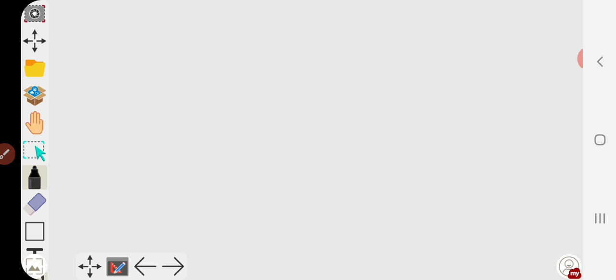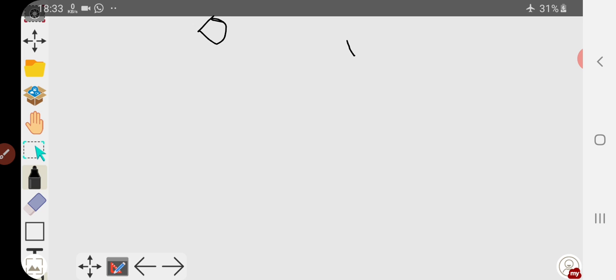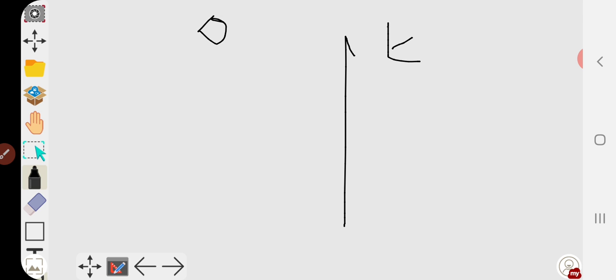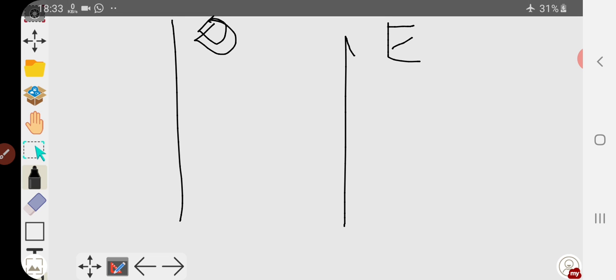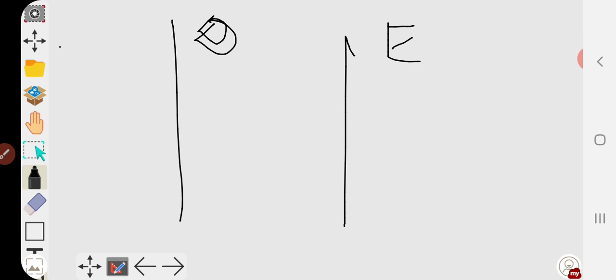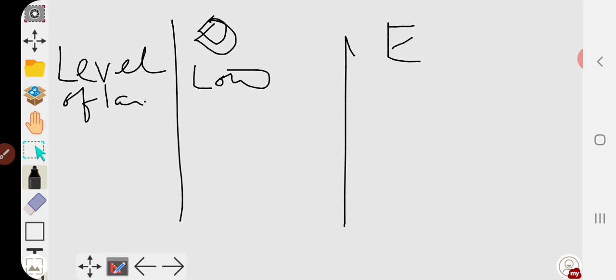Now next, delta and estuary. Basis, the level of the land. The first point, level of land. This is low land and this is high land.